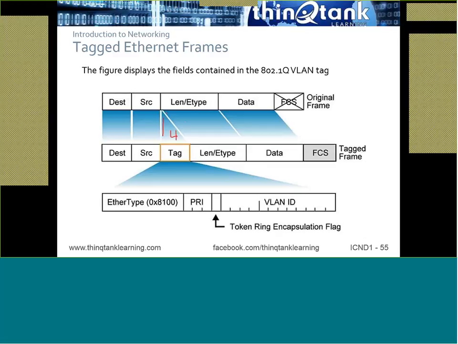We don't actually change the format of the original frame. We just simply insert this tag in between. I won't get into a lot of details on what this tag looks like right now. We're going to see this exact slide again later on when we get to the VLAN section, okay? But that tag allows us to identify what VLAN that frame belongs to.